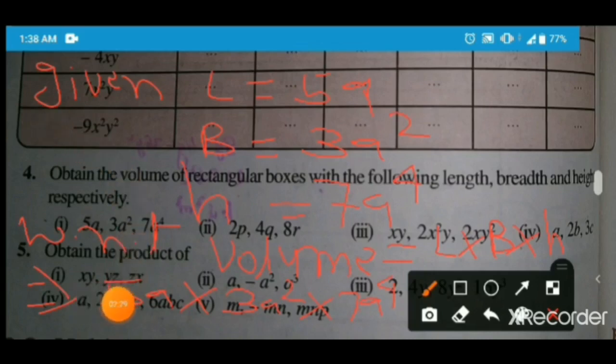Here it is 5, 3, 7 and a, it is a square and a raised to the power 4.